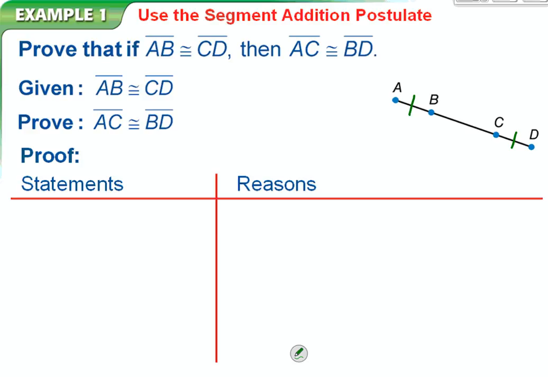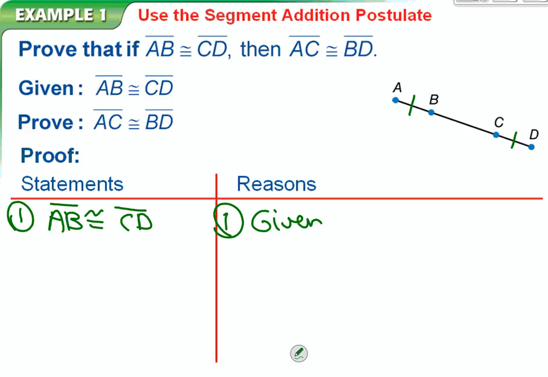Would you tell me what to write as my statement and reason? Okay, we'll say segment AB is congruent to segment CD. And what is the reason for that? The given. That is just by the given.